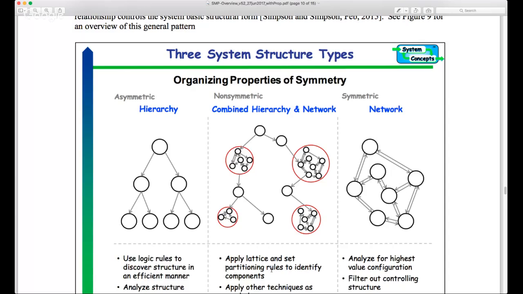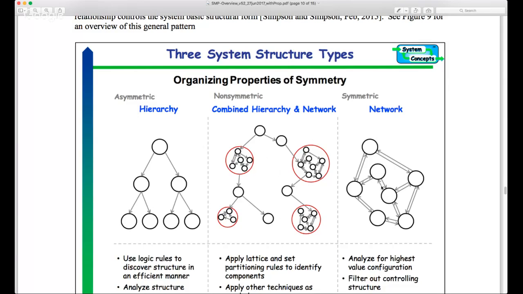And we have different ways and different applications here. But mostly, if we have a non-symmetric situation, we try to take it apart and deal with the hierarchy with one set of tools and the network with a different set of tools.